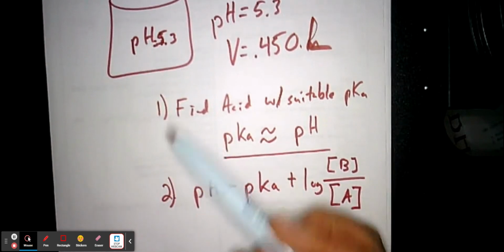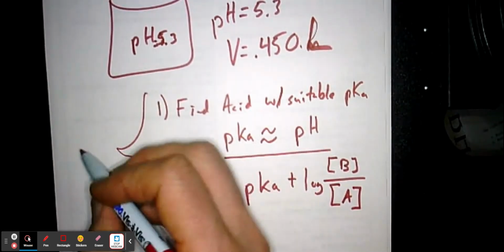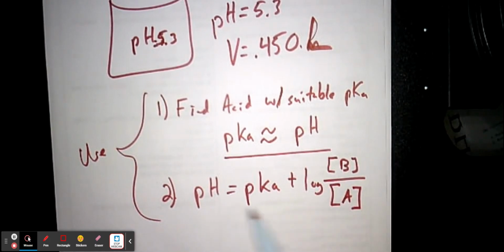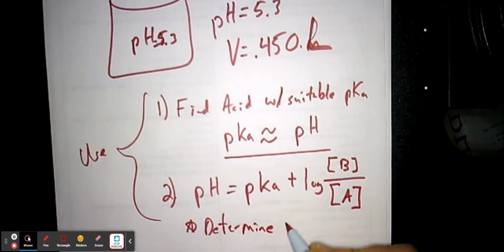All right, so these are our steps. You find a suitable pKa, and then use this equation to figure out this ratio. So that's the next step.